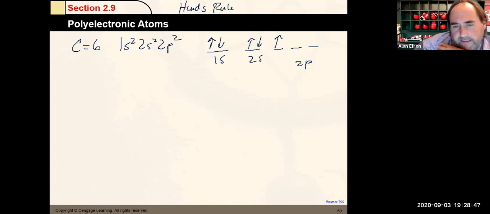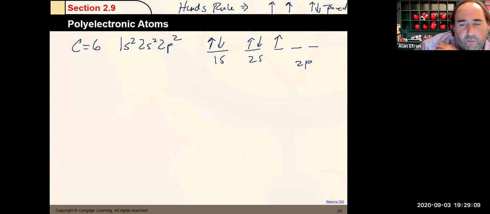And Hund's rule basically says that the most stable sort of configuration for an atom is one where we have maximum number of parallel spins. So parallel spins means we're heading in the same direction. Paired spin is opposite. So this is paired. And parallel is going in the same.